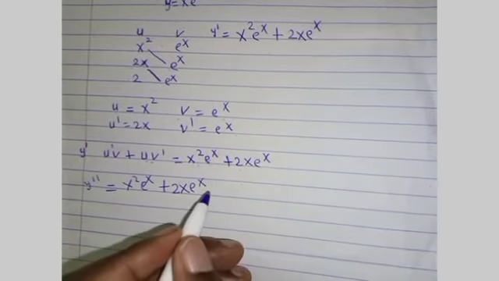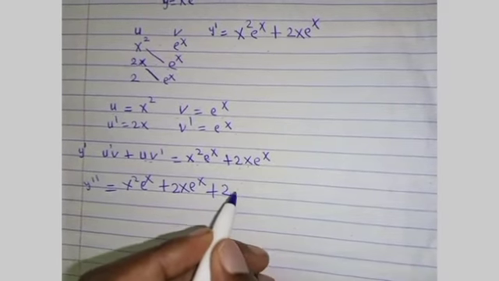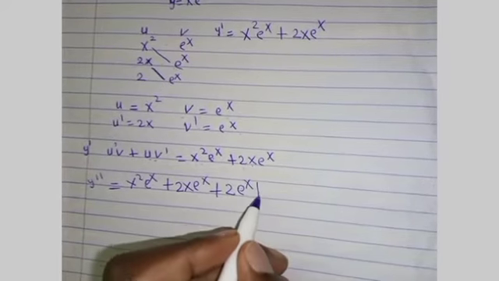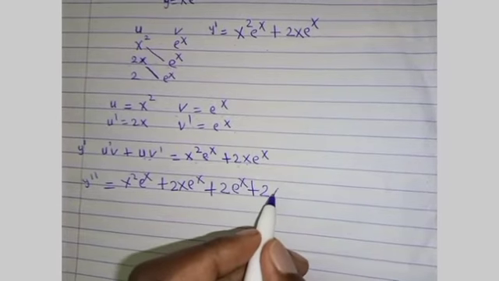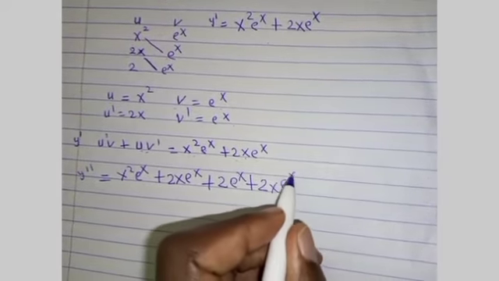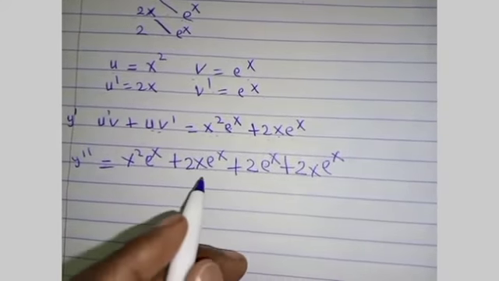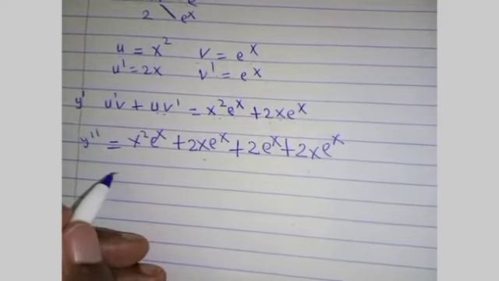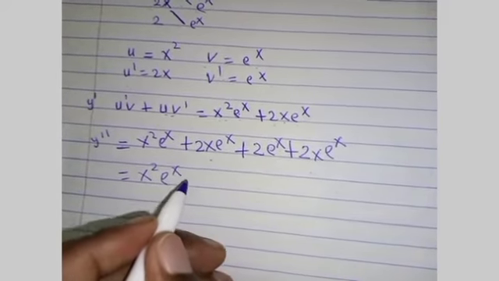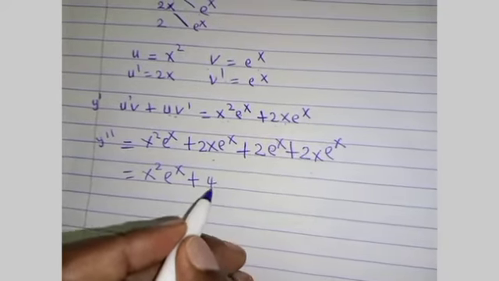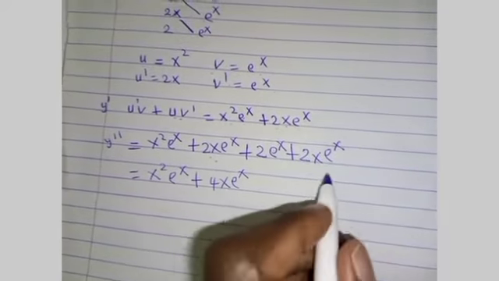Then plus we differentiate 2x to get 2 times exponential x, plus we keep 2x constant and differentiate exponential x, so we get 2x exponential x. At this point, you can check whether there are like terms. We have x squared exponential x plus 4x exponential x, combining 2x exponential x and 2x exponential x, plus 2 exponential x.